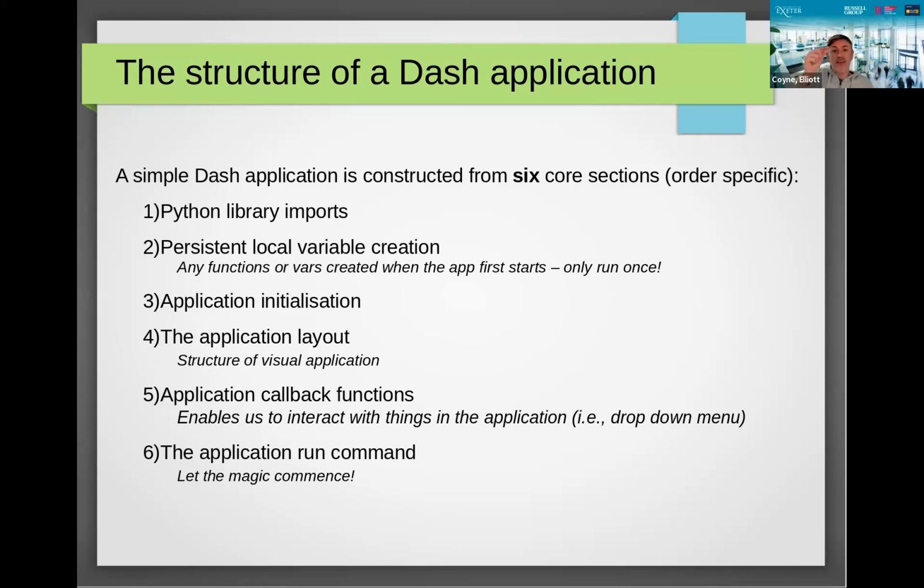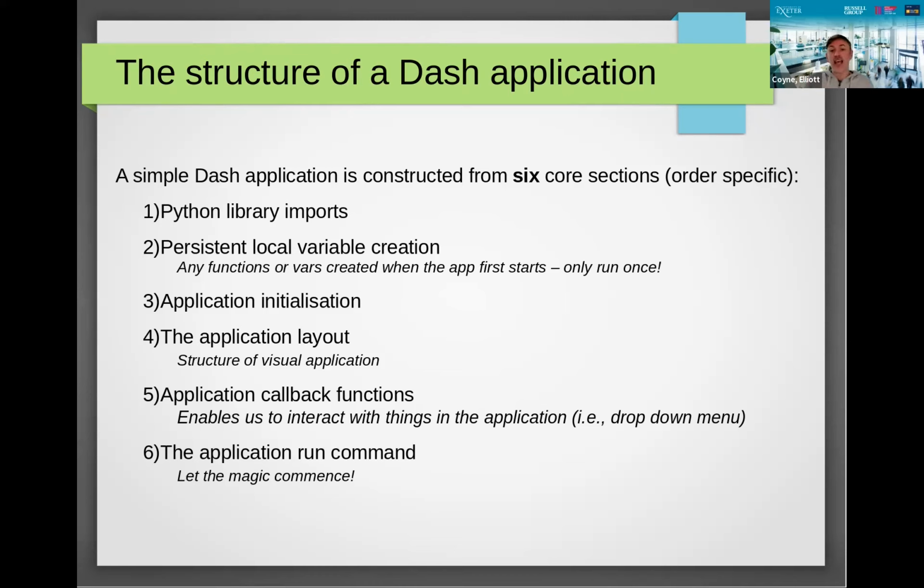It'll change whatever, and then it goes back to step 4 and runs that again. So it goes around in a circle, looking for changes that have been implemented via the callback, and then it will implement the change and re-render accordingly. Obviously, if there's no change, it doesn't need to worry about it. And that's why the imports and the persistent variable creation only occur once.